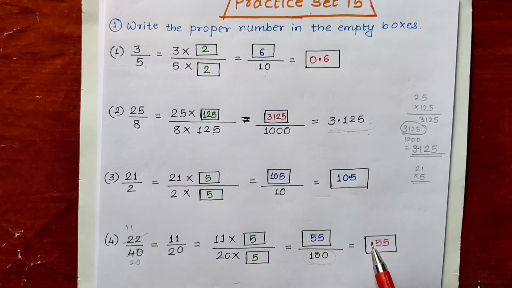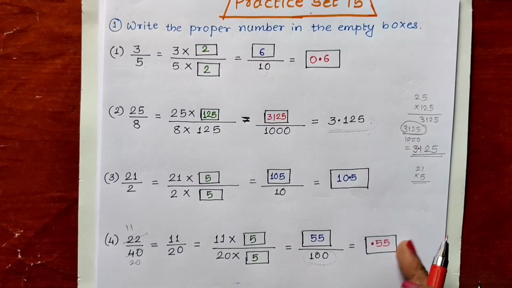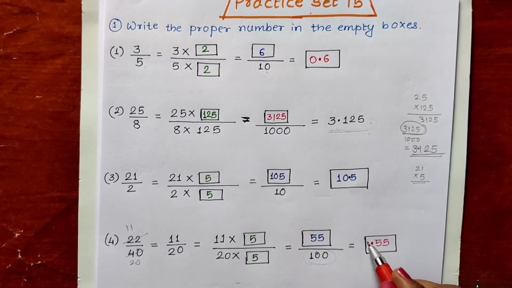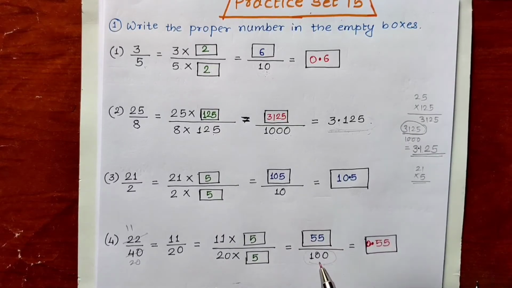That means we have to put a decimal point over here from right to left. And on the left hand side nothing is there, so we will put 0. So the answer is 0.55. After the decimal point there are 2 digits and in the denominator there are 2 zeros. In this way you can write the answer by logical thinking only. You don't need to solve the sums here.